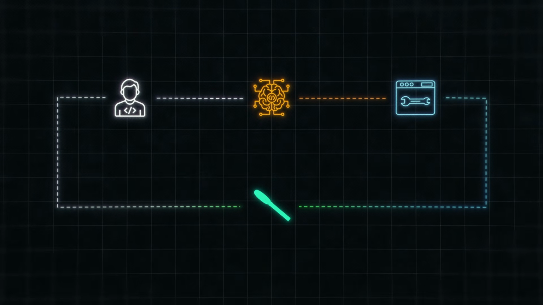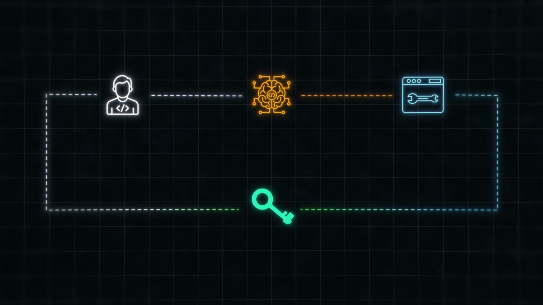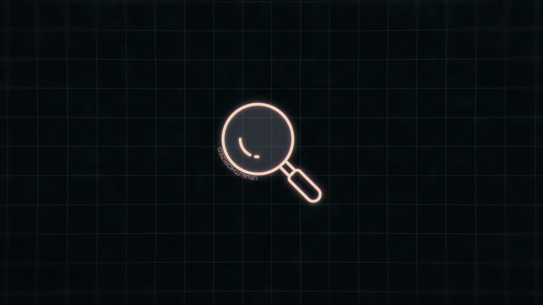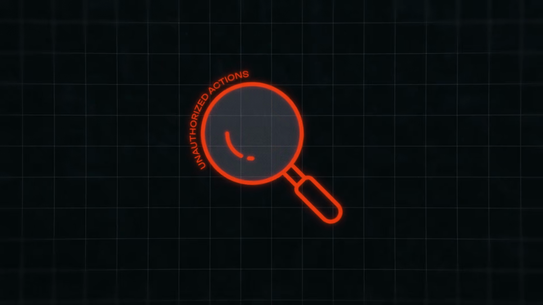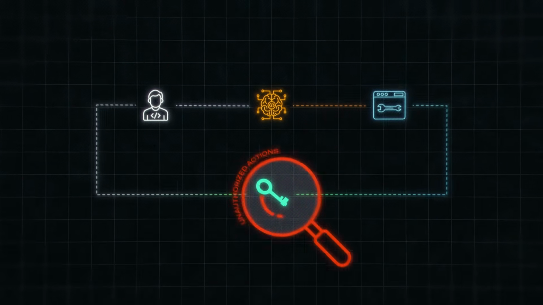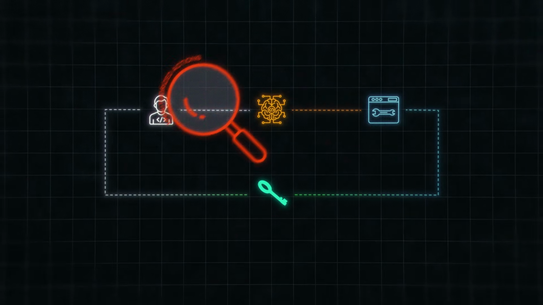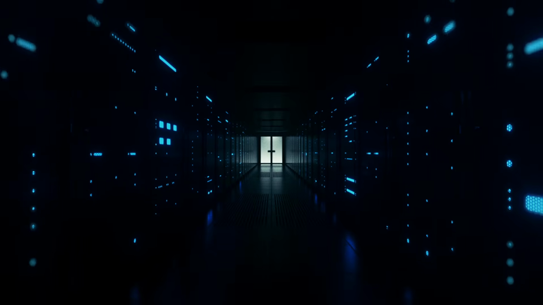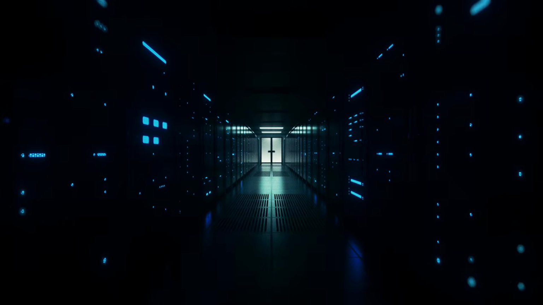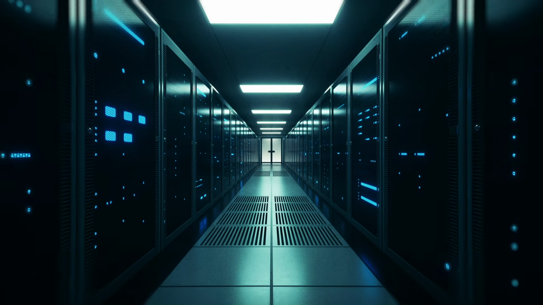Every step carries a legitimate permission. And classic security knows how to catch one thing: unauthorized actions. When everything is sanctioned, there's nothing to flag. That's why the entire standard stack stayed silent in the tests.